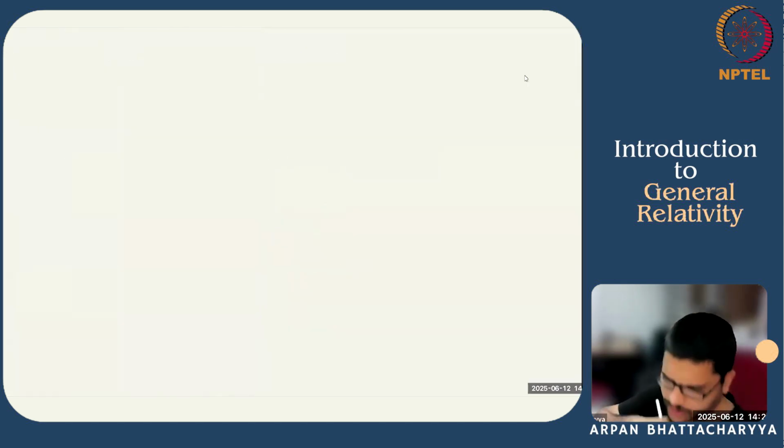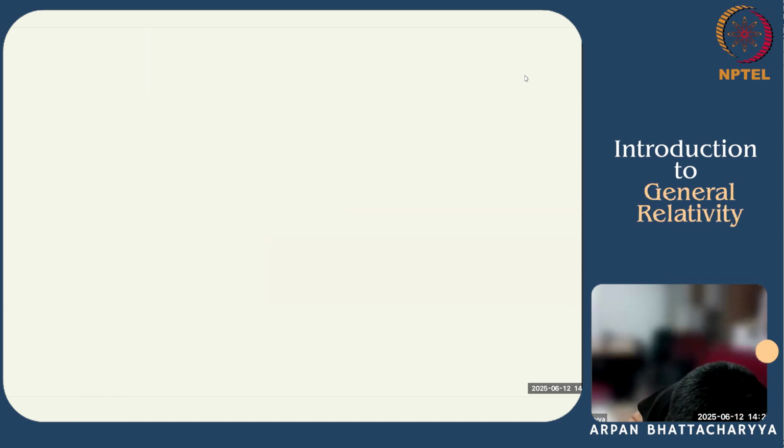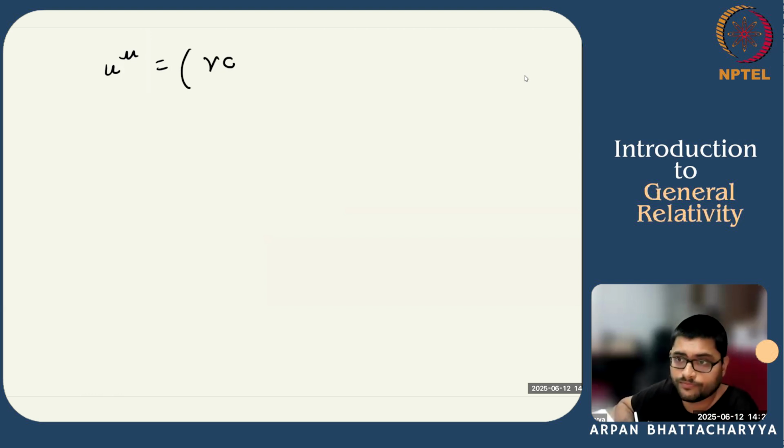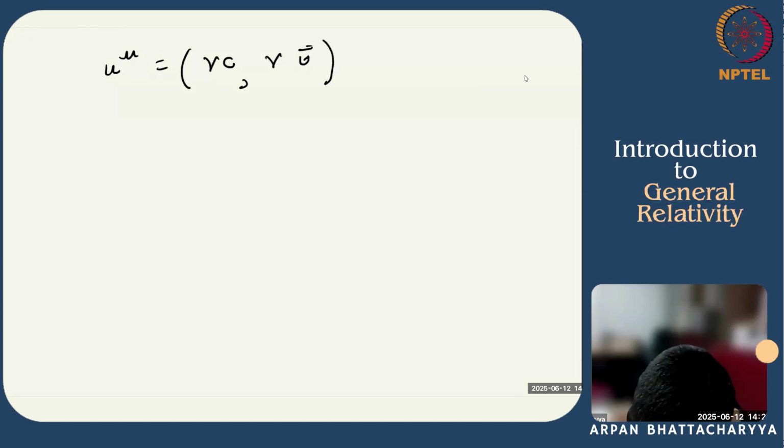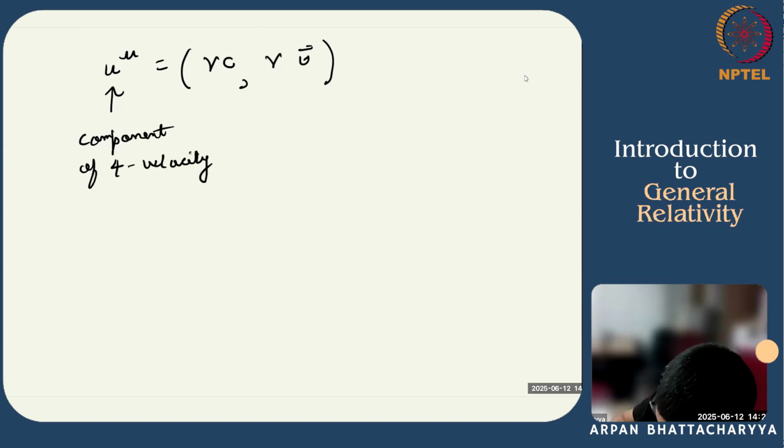Let's first consider the four-velocity of a point particle moving on some trajectory with some three-velocity v. What is that? u^μ is the four-velocity of a point particle. We have the zeroth component as just γ times c, where γ is the Lorentz factor, and the spatial components are γ times the three-velocity v, the components of the four-velocity.